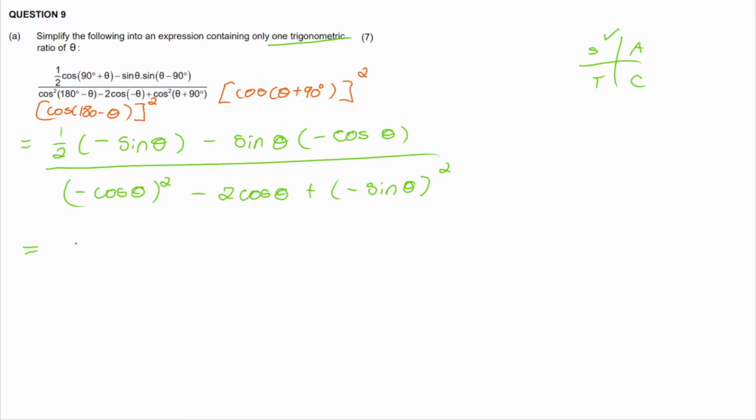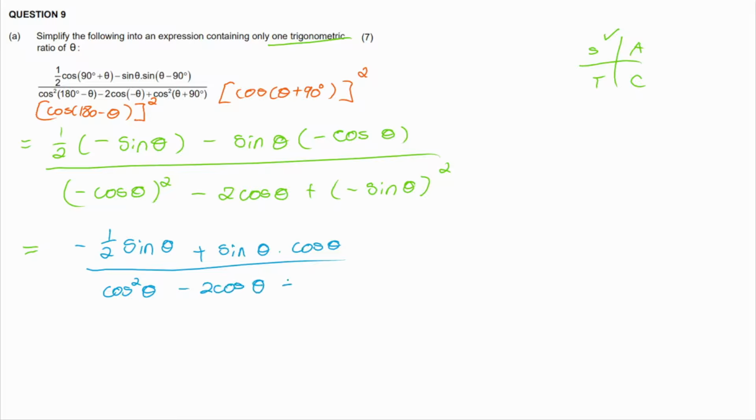So let's keep simplifying. So this is -1/2 sine theta, and then this becomes plus sine theta times cos theta over, this now becomes cos squared theta minus 2 cos theta plus sine squared theta. Okay, let's look for anything else we can simplify. At the top, looks like we can take out a common factor. Let's not do that just yet. But here at the bottom, we have this cos squared and this sine squared.